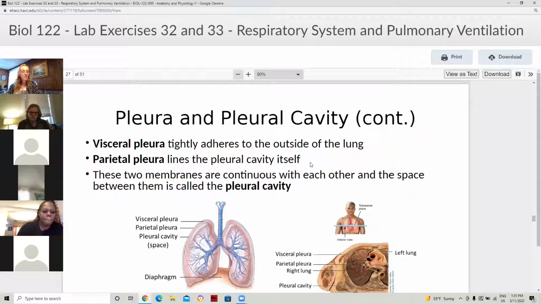And the parietal pleura lines the pleural cavity itself. So let me put this a different way for you. The visceral pleura is on the outer, so it lines the outer side of the lungs. The parietal pleura lines the inner rib cage.